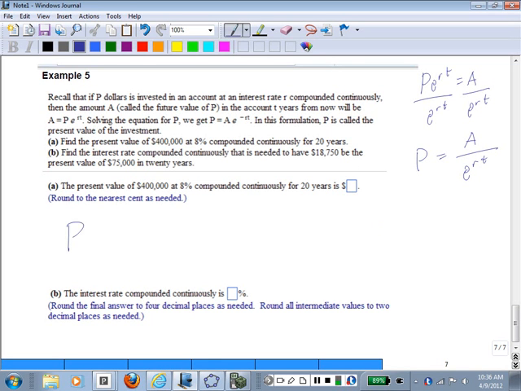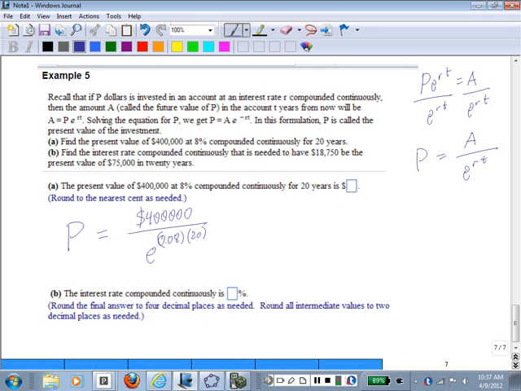I'd rather say the present value of that $400,000 is calculated by taking e and raising it to the power of 0.08 times how many years? 20 years. So the annual interest rate is 8%. The number of years is 20 years. So that's the rt, multiplying 0.08 by 20.